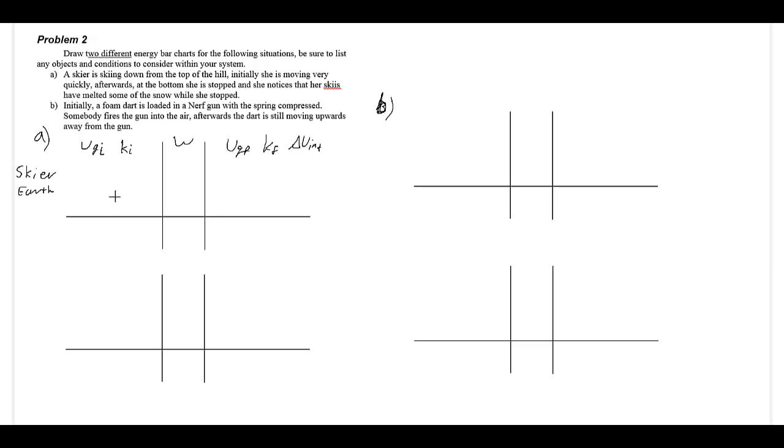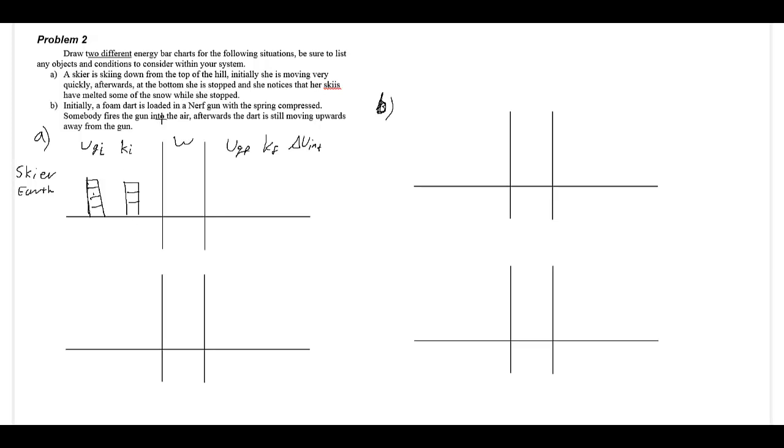Initially, our skier is moving very quickly from somewhere at the top of the hill. So presumably she's going to have a lot of gravitational potential energy and a decent amount of kinetic energy also. She's moving very quickly.